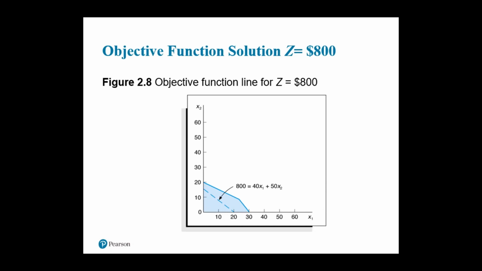So the coordinates here will be 20 for x1 and 0 for x2. So we connect them with a straight line. This is our profit function or maximization function.